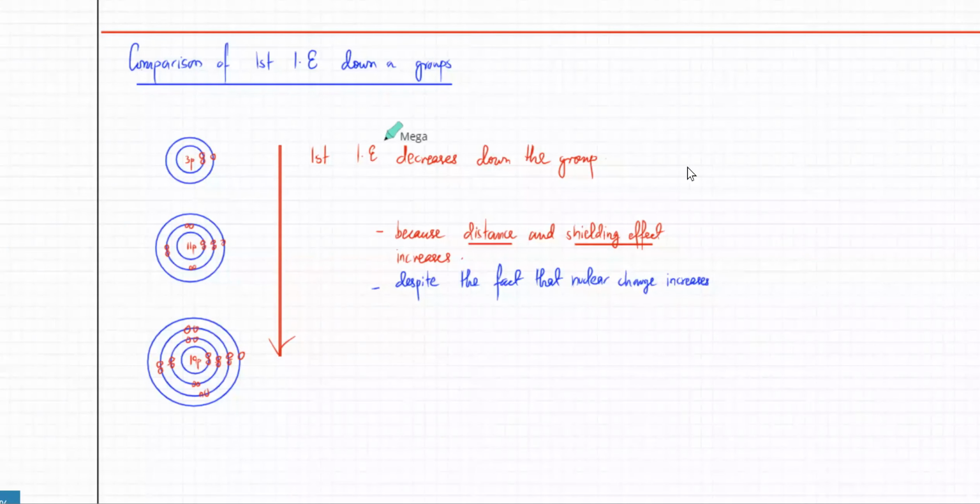So you have to add this very specific sentence: ionization energy decreases down the group as nuclear attraction for the electron decreases, or the attraction between the nucleus and the outer electron decreases.